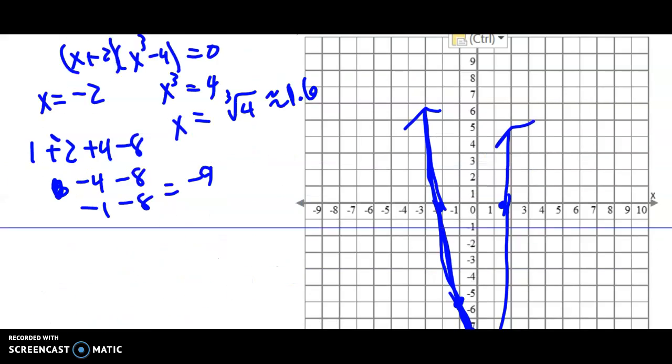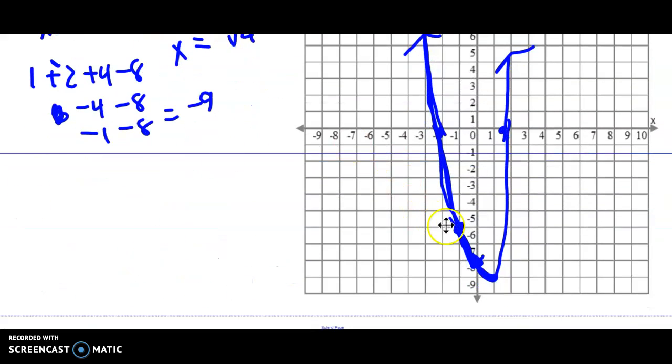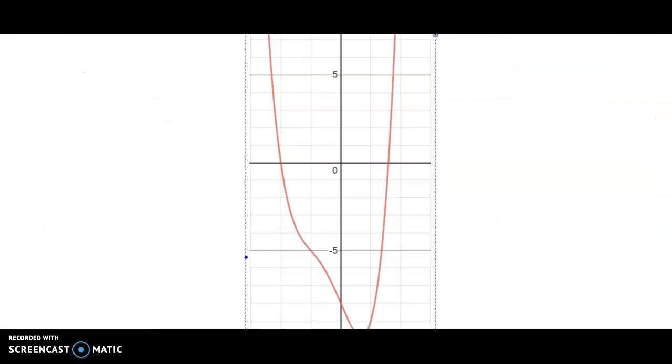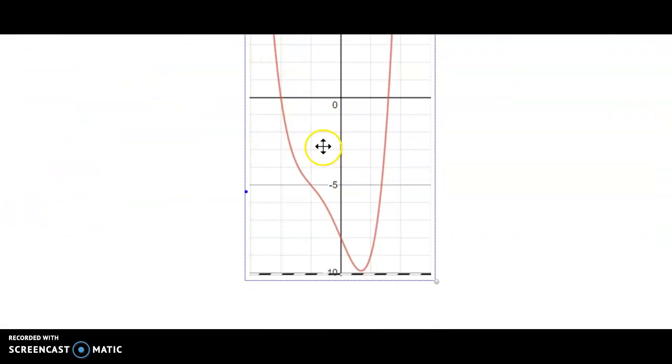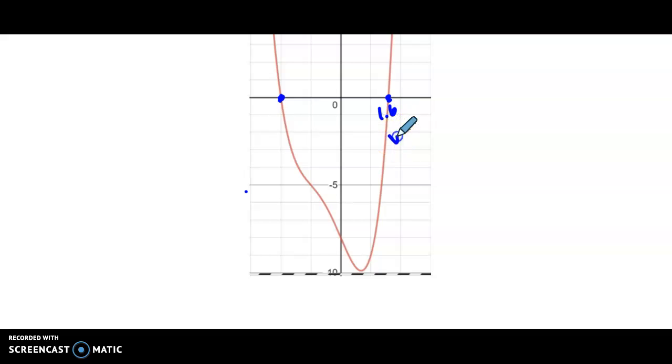Okay, so again, we just kind of got our zeros, put a couple points in, and this is what we think it looks like when I graph it on the Desmos. You know, we were right. It goes through -2. It goes through 1.6, which we know is actually the cube root of 4 exactly. And then it comes through here at 0.8.